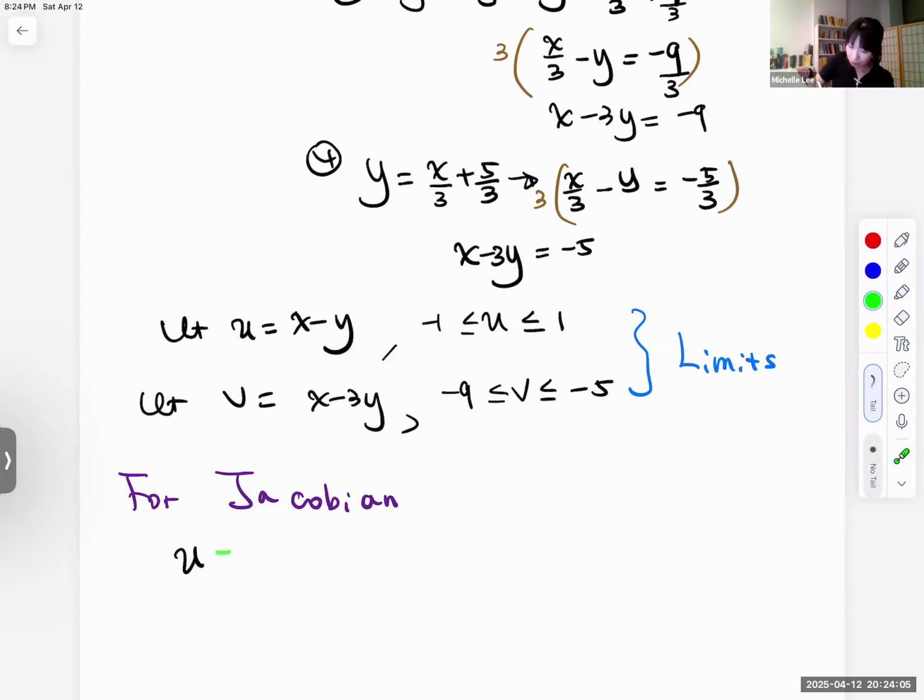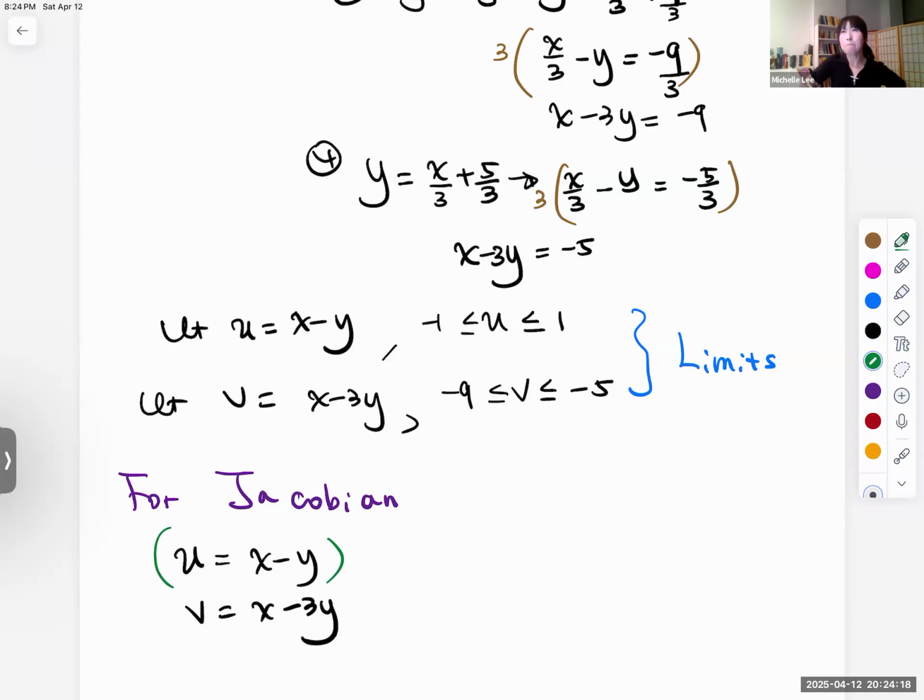So u equal to x minus y, v equal to x minus 3y, and multiply by negative 3 and solve for x, yeah?